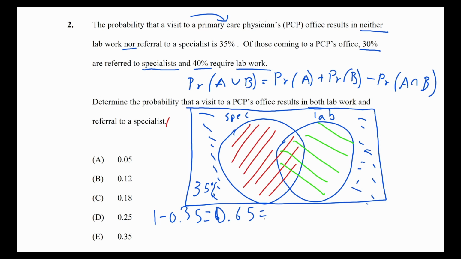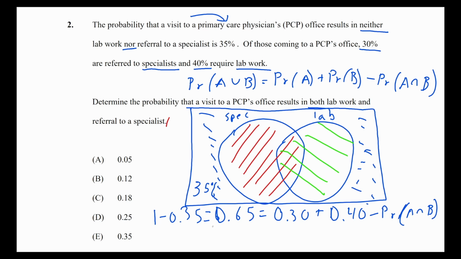And that's equal to the probability of A, or the probability of going to a specialist, which is 30%, plus the probability of needing lab work, which is 40%, minus the probability of the intersection.